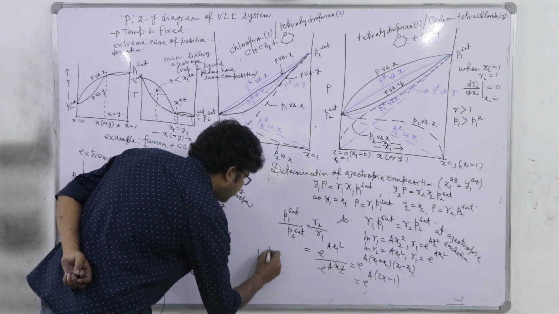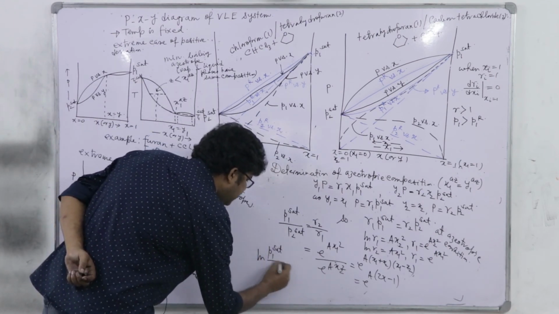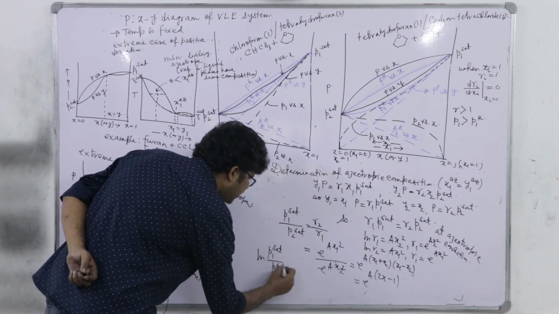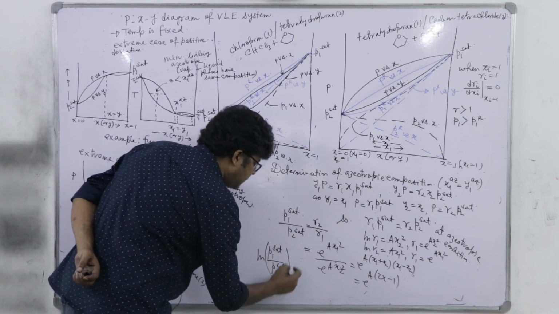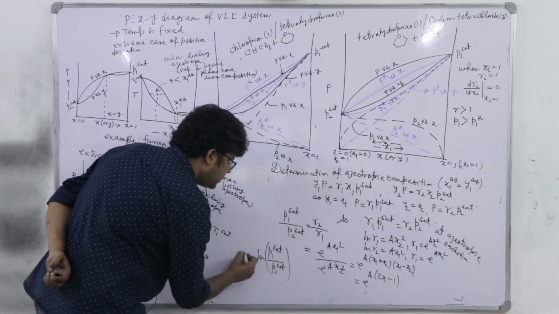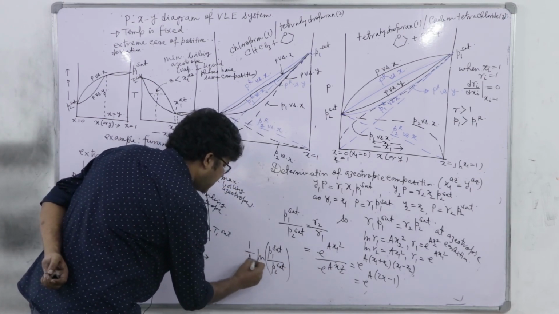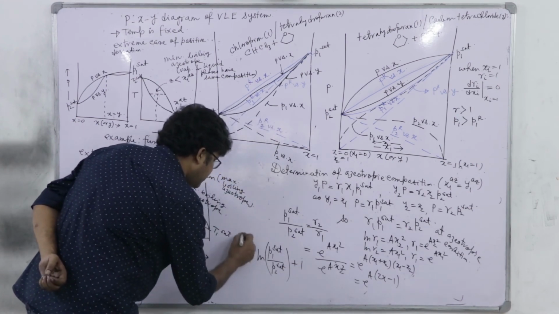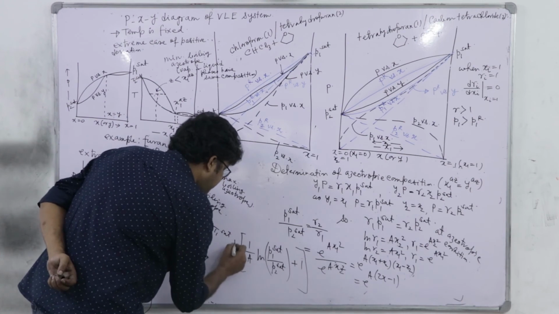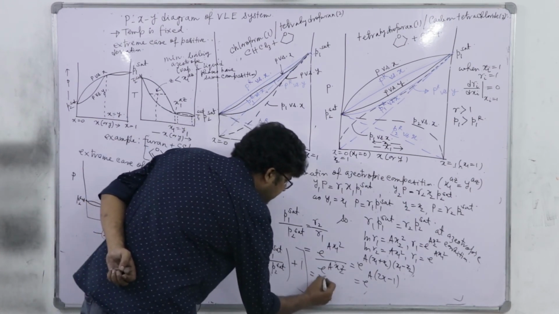So ln of P1 sat by P2 sat is equal to a into 2x plus 1, divided by 1 by a plus 1, whole divided by half, equal to x1, is it?